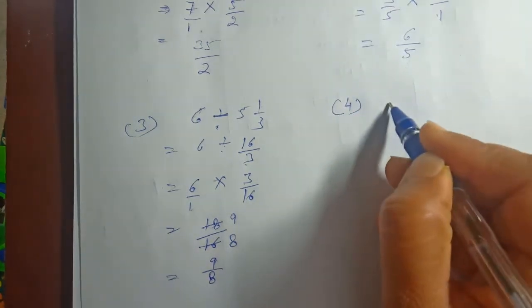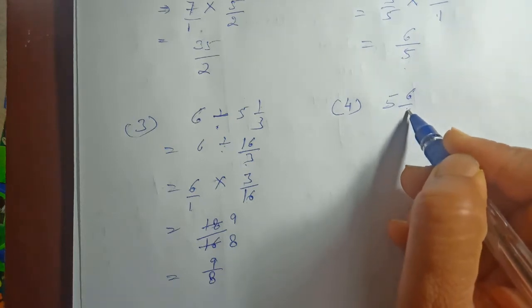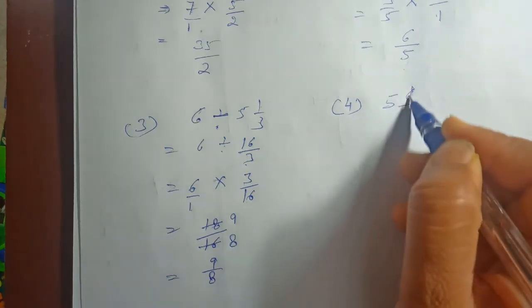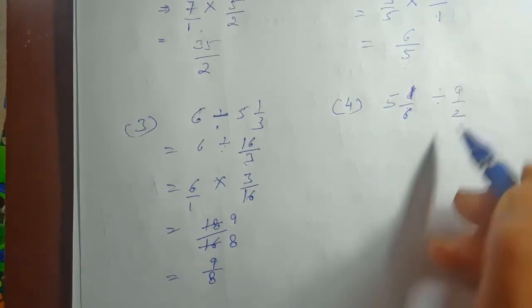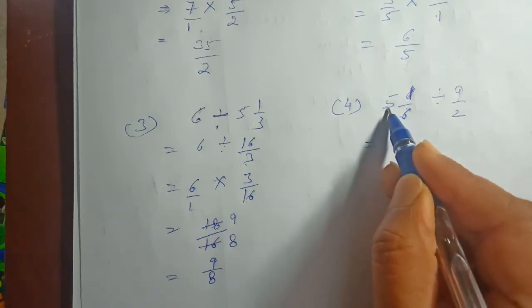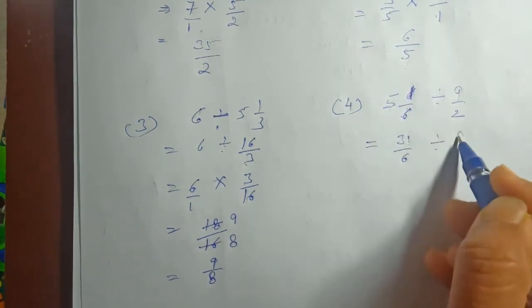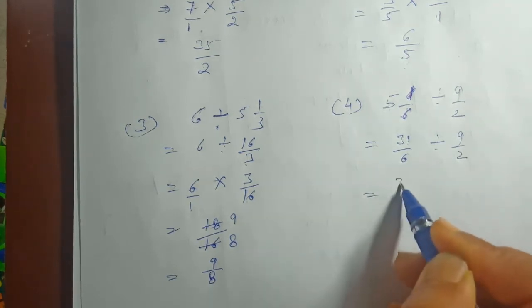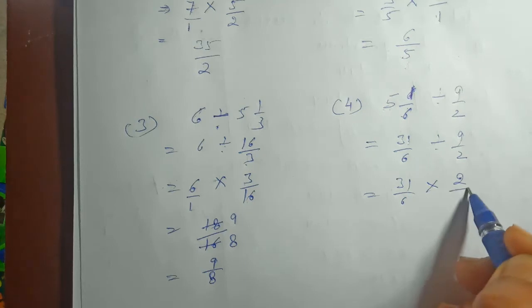Fourth part, let us take the first number as a mixed fraction, 5, 1 upon 6 divided by 9 by 2. Let us change it into improper form. 6, 5, 30. 30 plus 1 gives 31 upon 6 divided by 9 upon 2. Now change the sign of division into multiplication and take the reciprocal of the second.